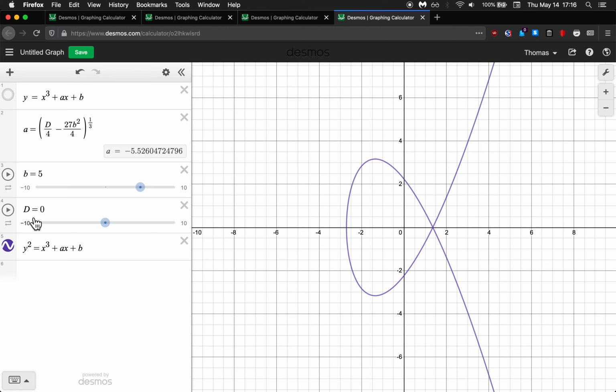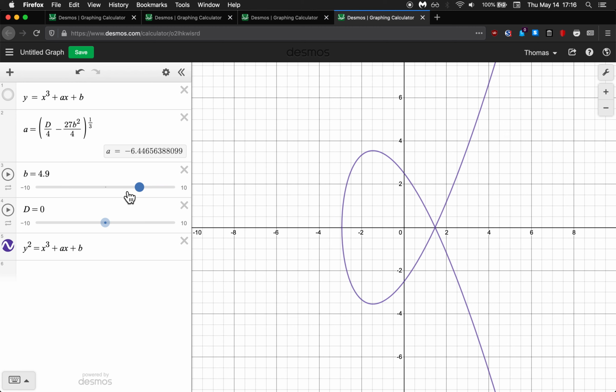So this discriminant, the fact that negative 4a cubed minus 27b squared is 0, shows me, algebraically, that my curve is going to intersect itself. Again, every single time.